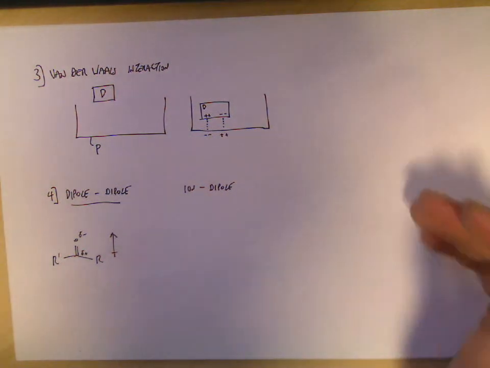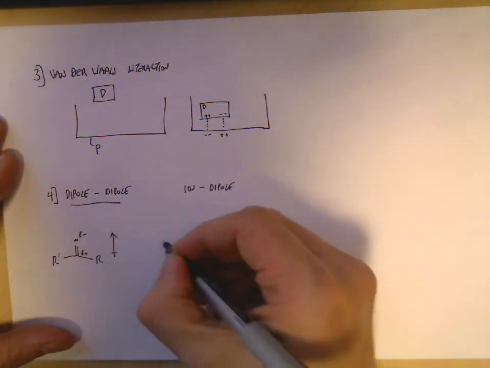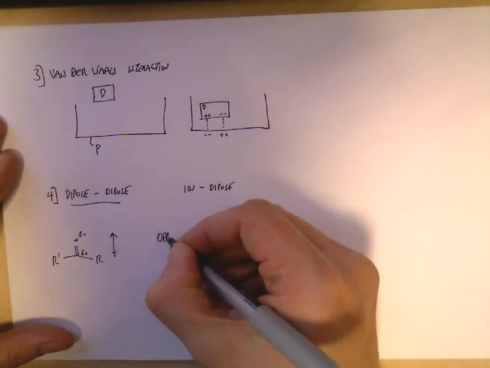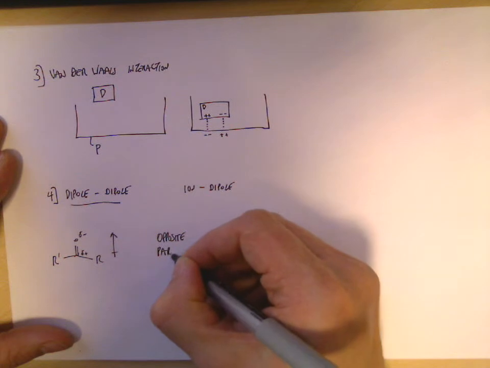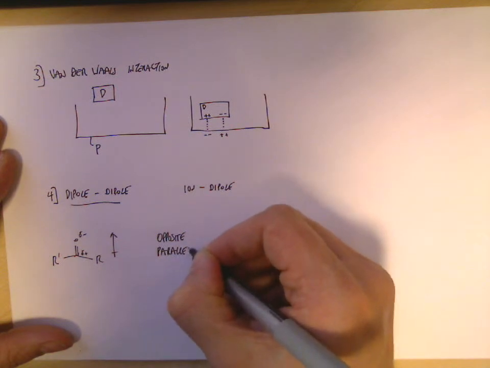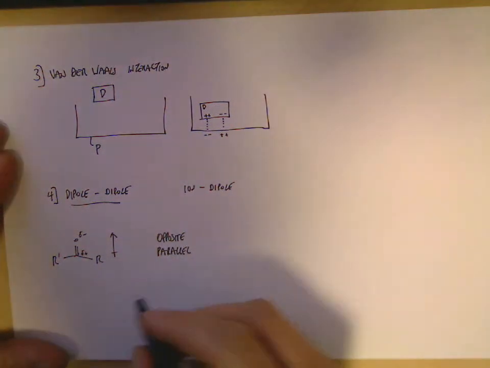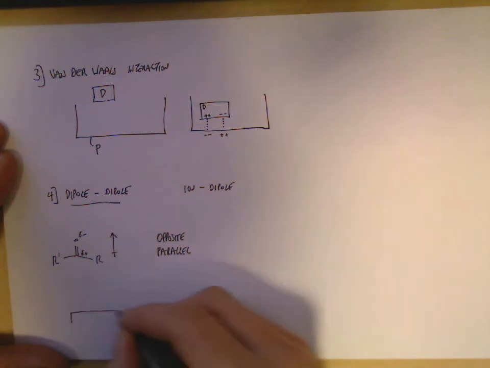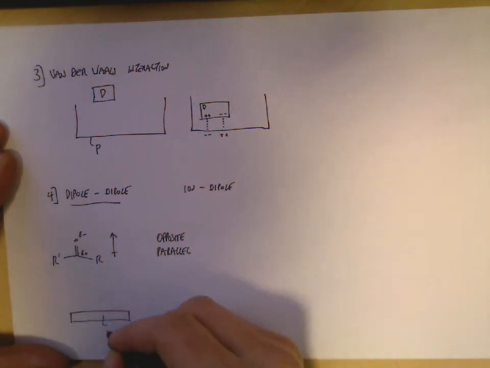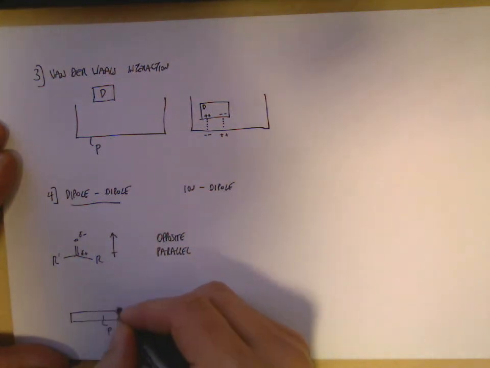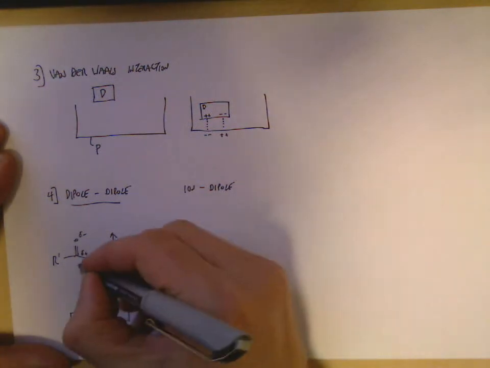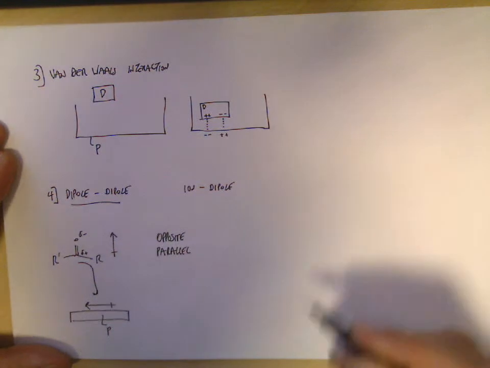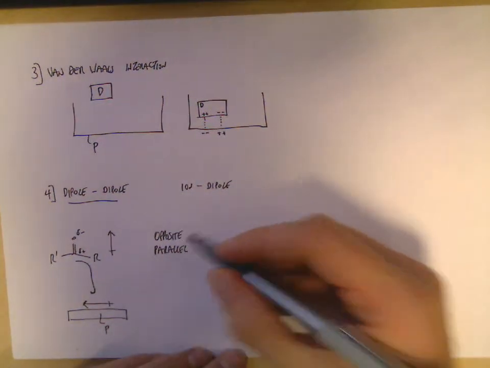Now dipoles like to orientate themselves opposite but parallel to each other. And so if you have a dipole on your binding site or your protein, which is say going this way, then as your drug approaches, it will orientate itself opposite and parallel.